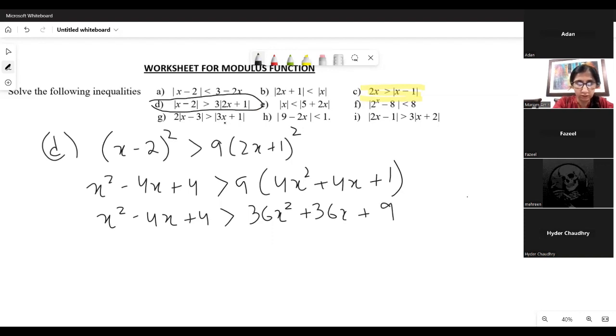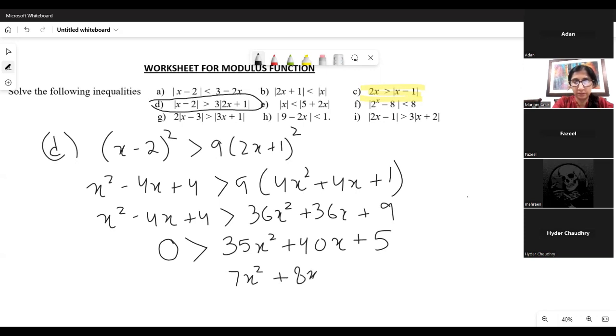So we can write a 0 here, greater than symbol 35x square plus 40x plus 5. Okay. So when we divide both sides by 5, this becomes 7x square plus 8x plus 1, and we write it like this, less than 0.